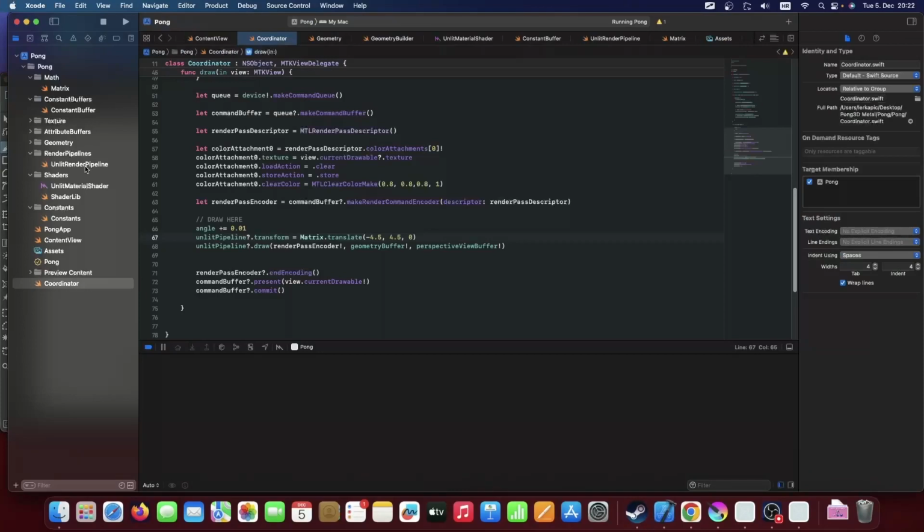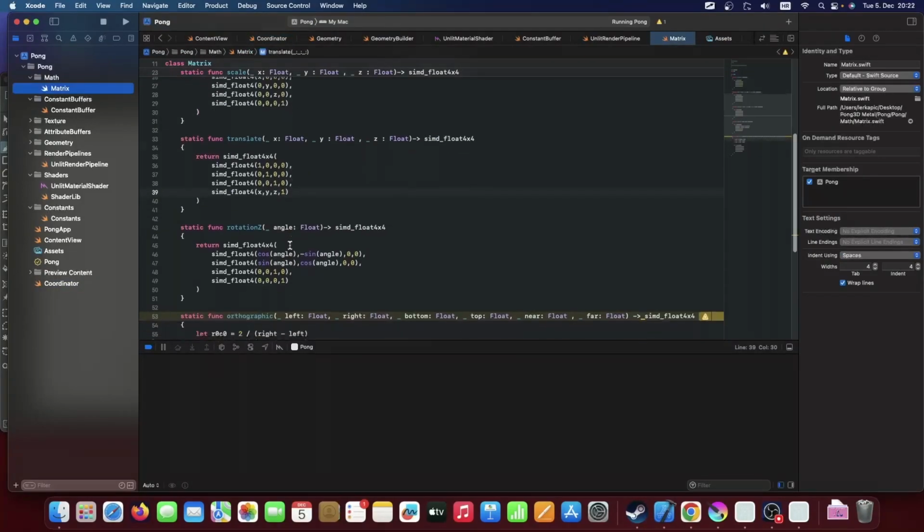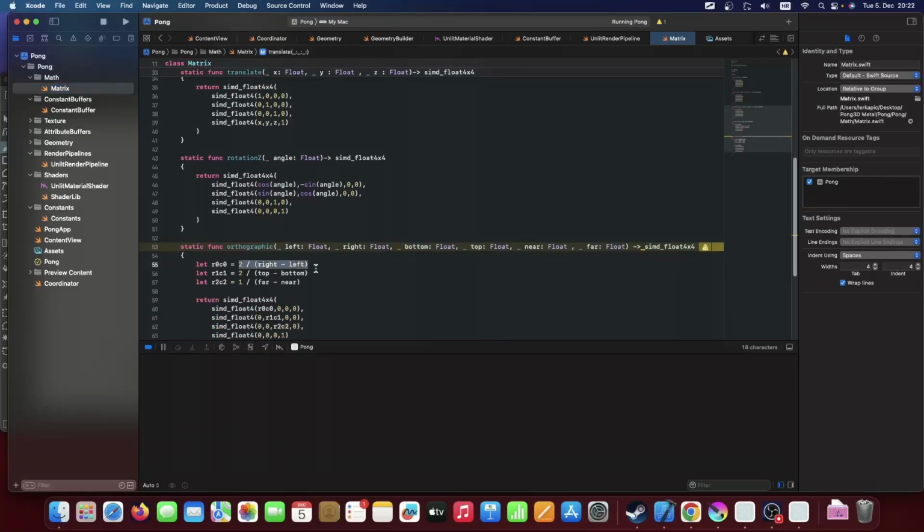So if I look at our matrix, we have it right here, 2 over right minus left. So now we have a proof that this is correct.